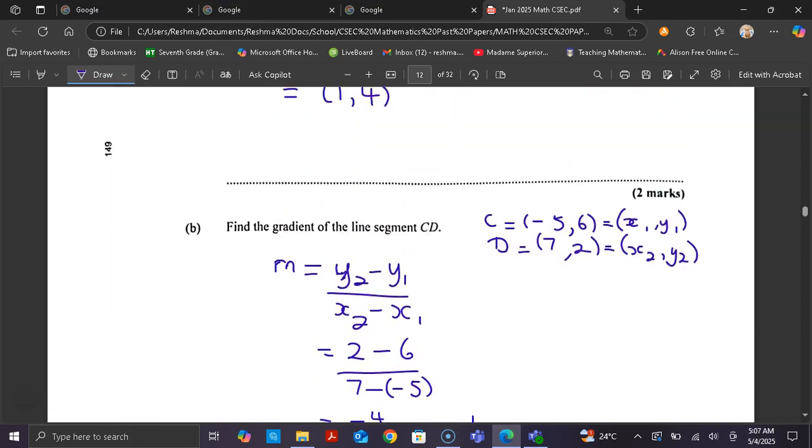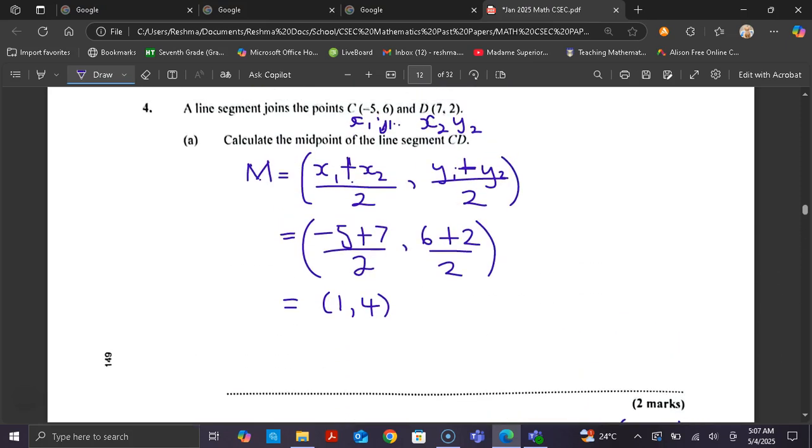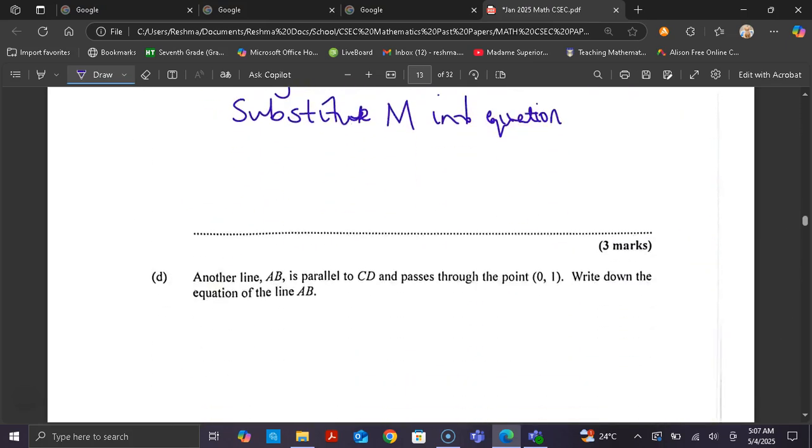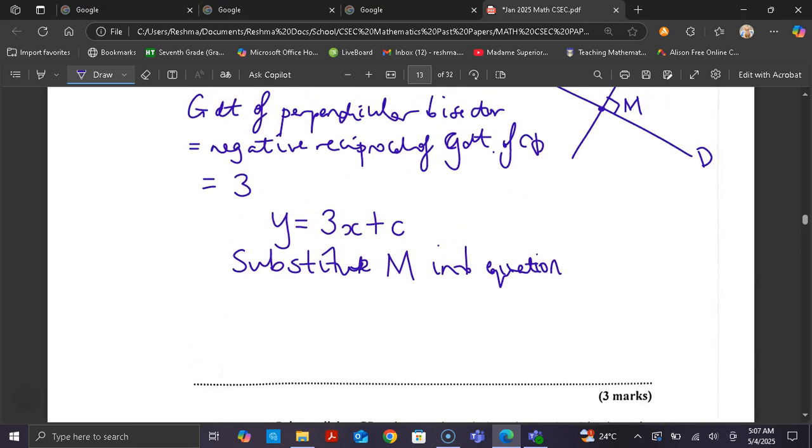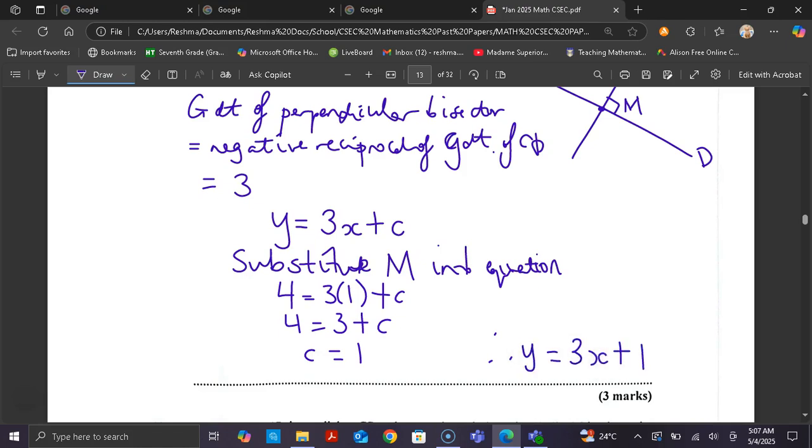We saw that M is (1, 4). So therefore, y is 4, x is 1. So of course, if 4 is equal to 3 plus c, it means that c is equal to 1. So therefore, the equation of the perpendicular bisector is y is equal to 3x plus 1.